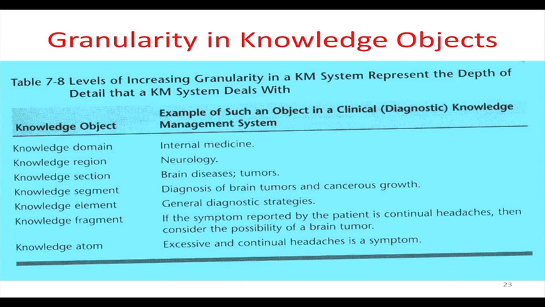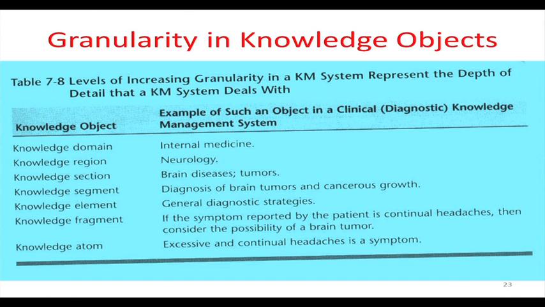Say for example, the knowledge domain you have identified is internal medicine. The area is neurology, then the section is related to brain disease, say a tumor. Then the segment is what you are going to do: you want to see whether this tumor is cancerous or non-cancerous. Next, you go for a general diagnostic strategy in order to find out whether this tumor is cancerous or not.